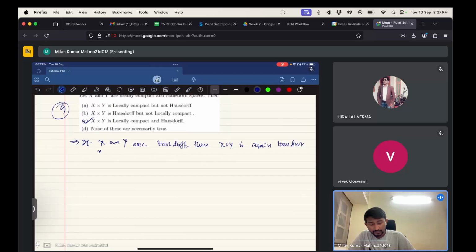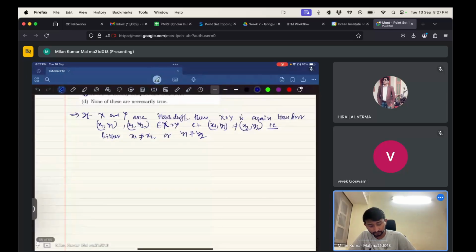Why? Let's take (x1, y1) and (x2, y2), two distinct points in X cross Y. Then either x1 is not equal to x2 or y1 is not equal to y2.